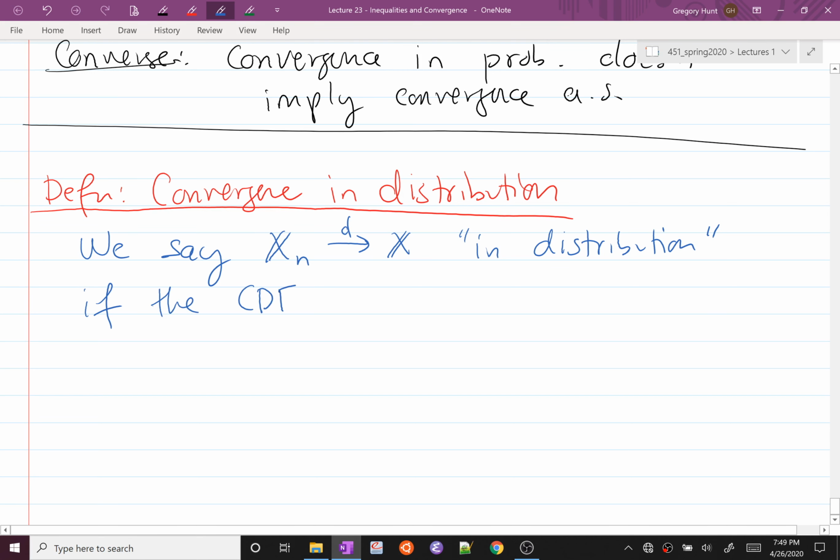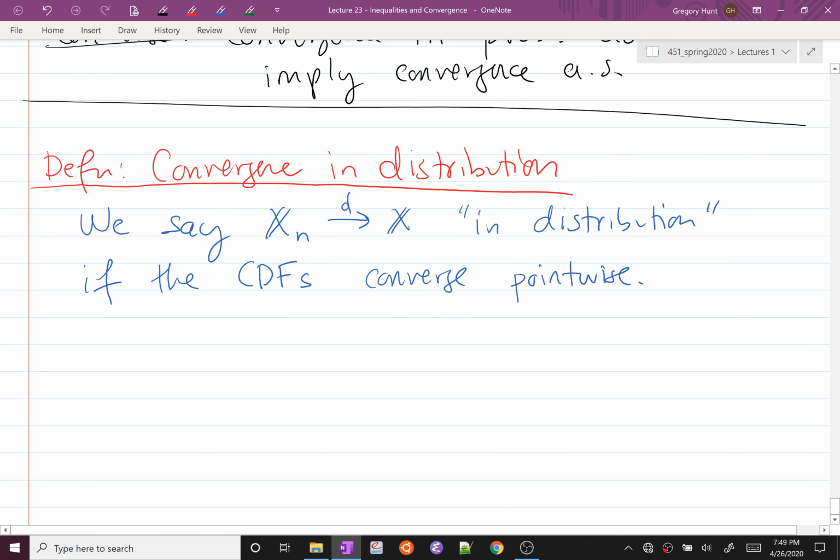I can write this simply as saying the CDFs converge pointwise. We can't really avoid this pointwise convergence, but what this means is that if I look at the CDF of x sub n at some value little x, this converges to the CDF of x at my value little x.